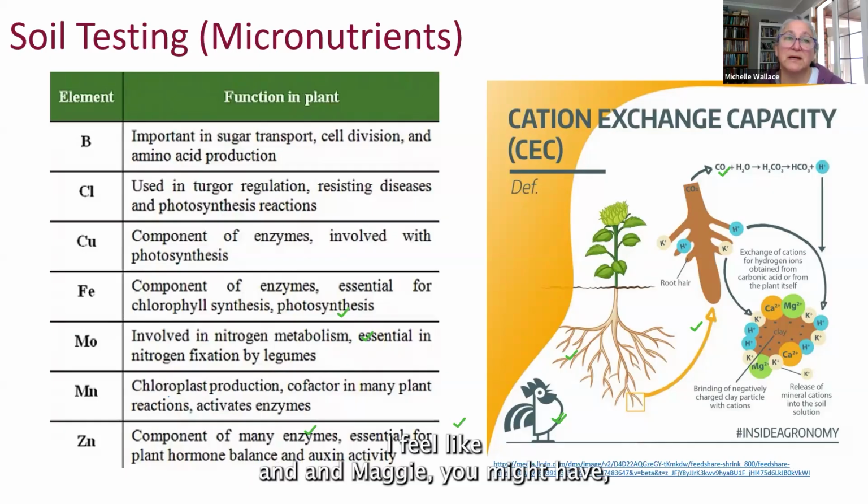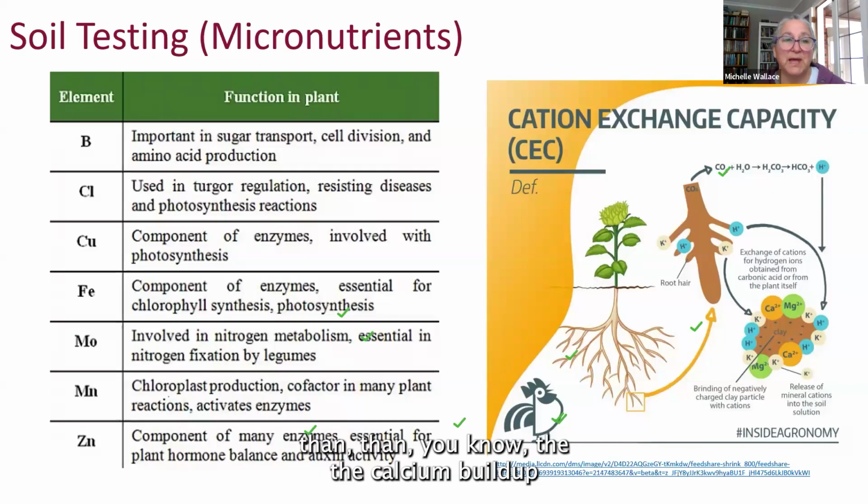Maggie, you might have some thoughts on this as well. In my experience working with farmers, the pH is more of an issue with water than the calcium buildup in water. pH is a real issue with nutrient availability.